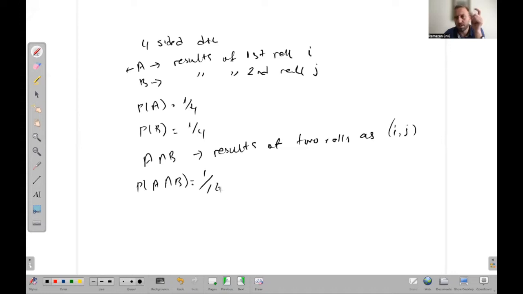Because 16 different pairs can be the results of 2 rolls. So what we say is that if the probability of A intersect B is equal to P(A) times P(B), we can say that these events are independent, right? The probability of A intersect B is 1 over 16, and 1 over 4 times 1 over 4 is also 1 over 16, and we hold this equality. So that's why we can say that these two events are independent.